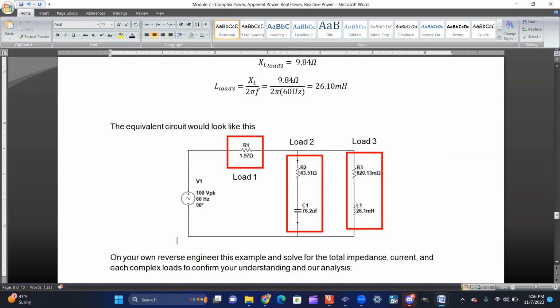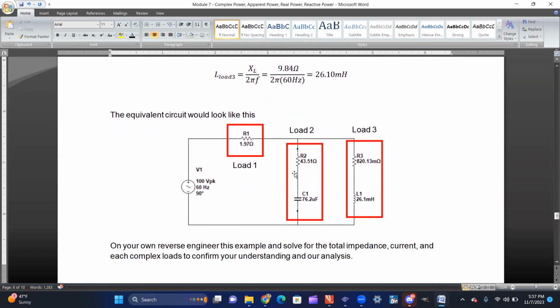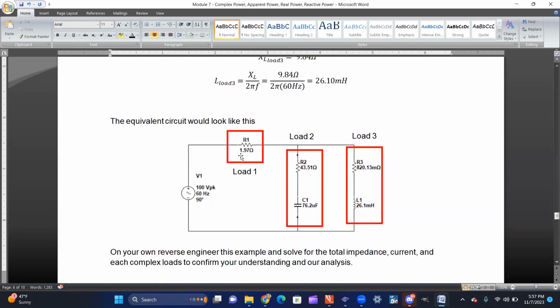So you already have the answers. We done already solved for them, and so let's see if you can reverse engineer this and derive the same thing.